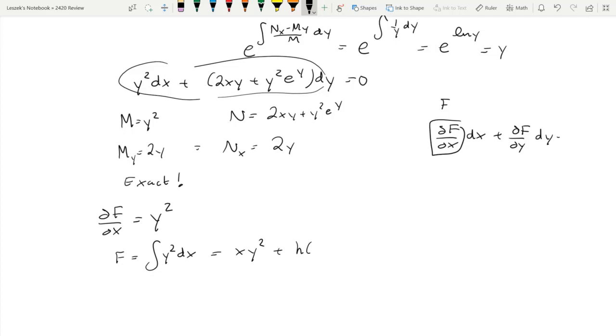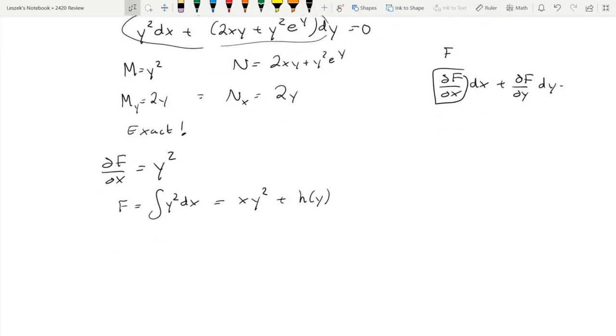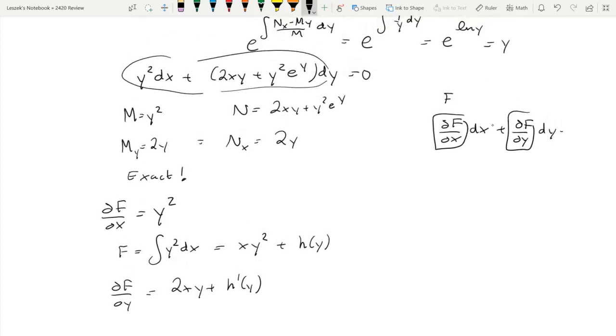All right. And we get a function of y as our quote-unquote constant of integration. In turn, differentiate f with respect to y. And that should be equal to, oh my goodness, N.